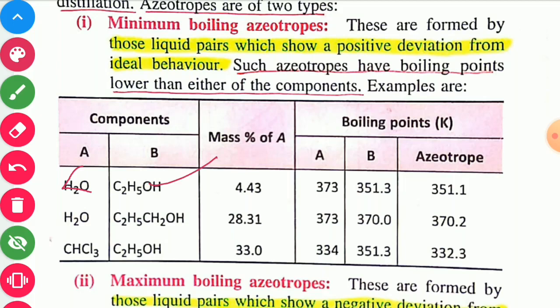Mass percent of A, that is water, is 4.43. Therefore to find out the mass percent of B, we have to take 100 minus 4.43. We will get the mass percent of component B.